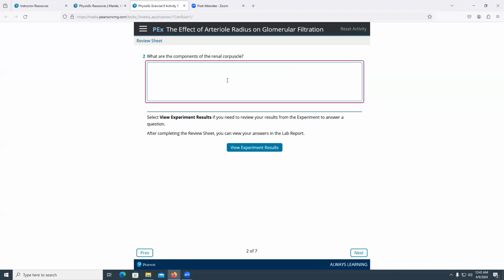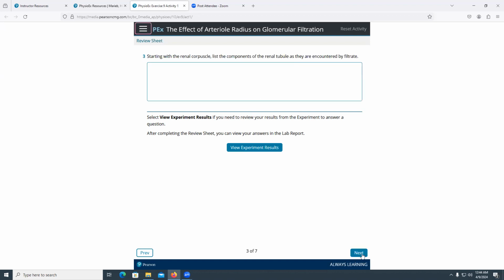What are the components of the renal corpuscle? The renal corpuscle is made up of my glomerular capillaries and Bowman's capsule. Starting with the renal corpuscle, list the components of the renal tubule as they are encountered by the filter.